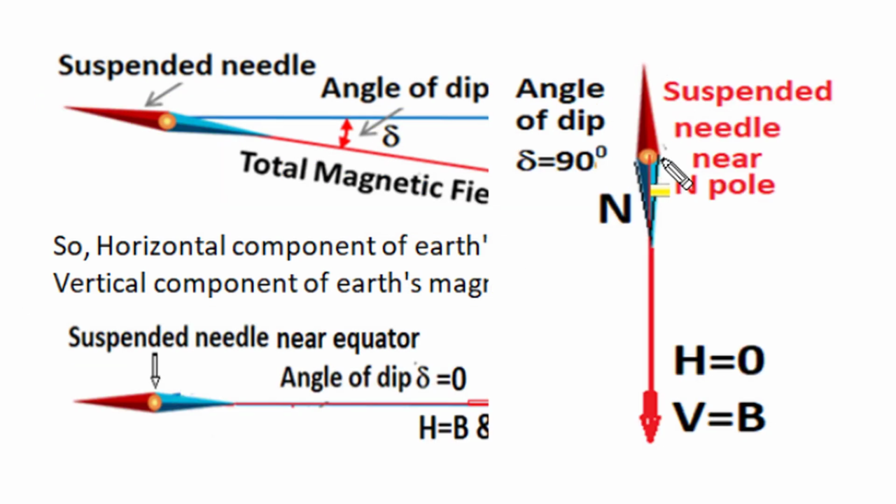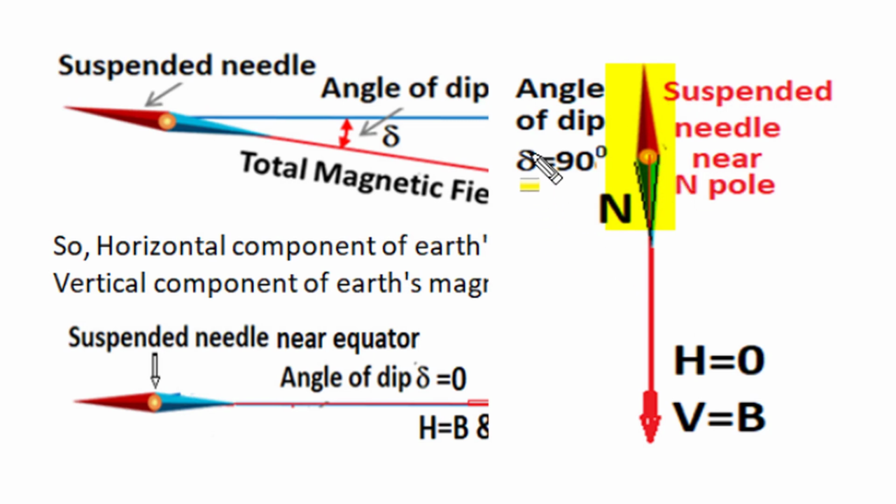If the same needle in the vertical plane of the magnetic meridian is allowed to swing, it will take a perfect vertical position at the northern directed magnetic pole, as the south magnetic polarity of that northern magnetic pole attracts the north pole of the suspended dip needle in a perfect vertical direction.